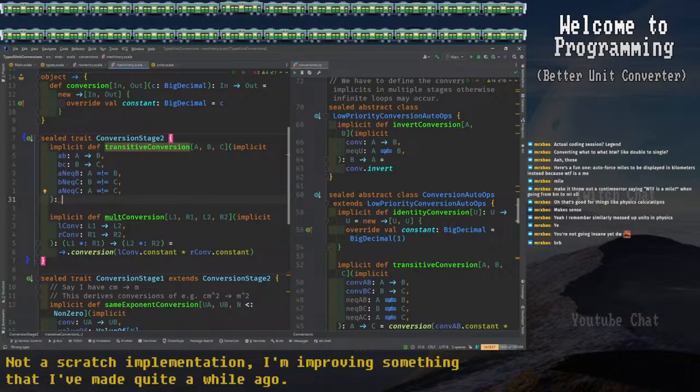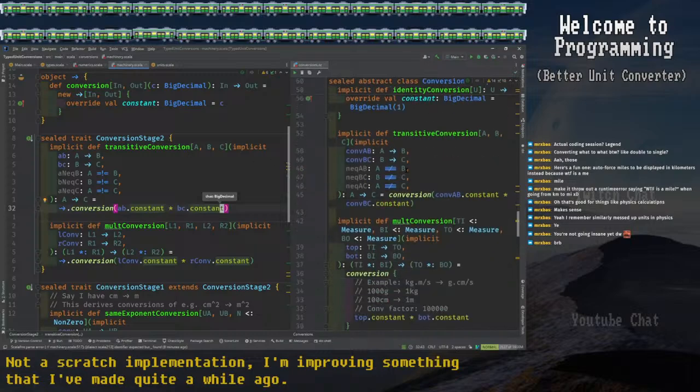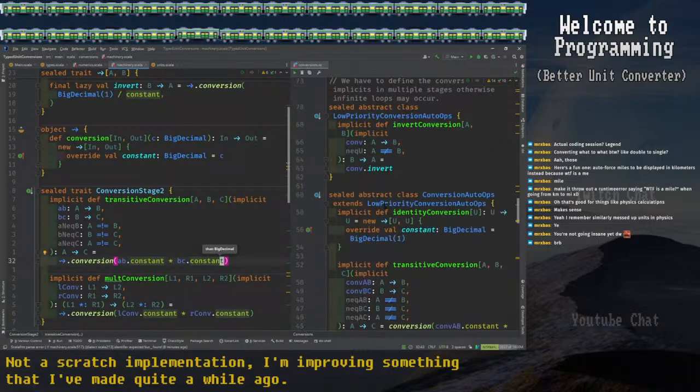Let's not think about that too deeply at the moment.